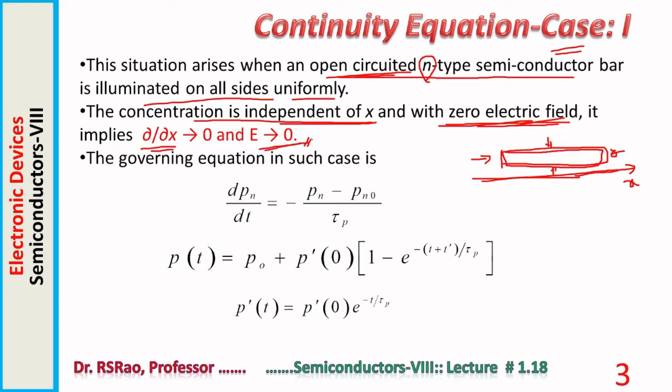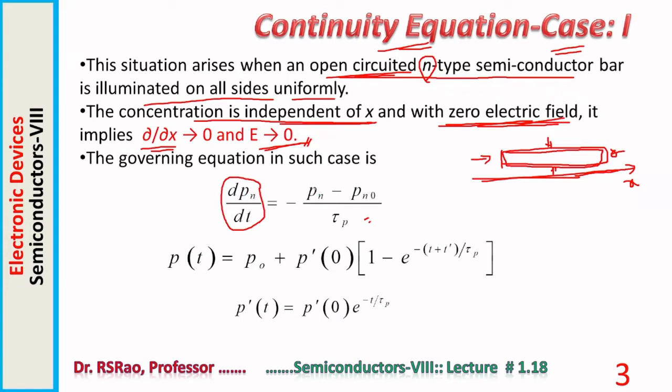These two conditions, when inserted into the continuity equation, give the equation: dPn/dt = -(Pn - Pn0)/τp. dPn/dt means the rate of increase of hole concentration in the n semiconductor.